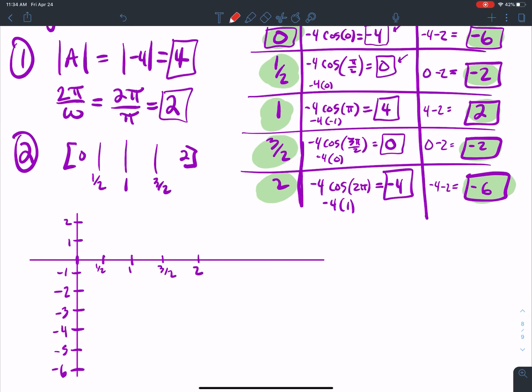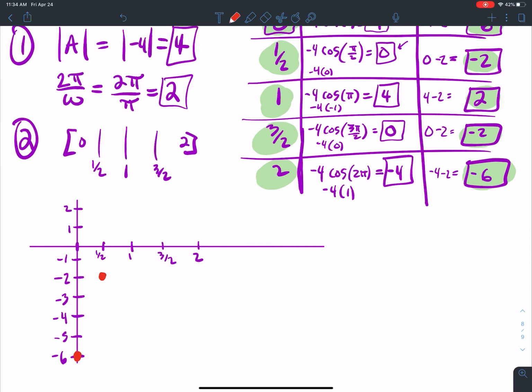So what are my points? The first point is 0, -6. Okay, the next point is at 1/2, and then I go to -2. The next point is 1, 2. And then what do I have? I have 3/2 over, and then -2, and then back down to 2 comma negative 6.